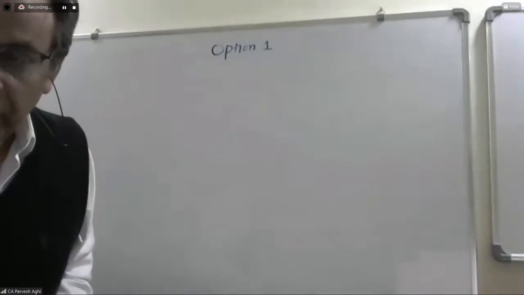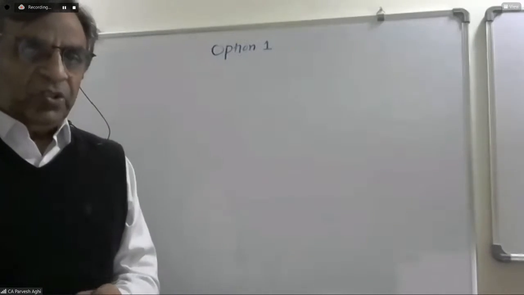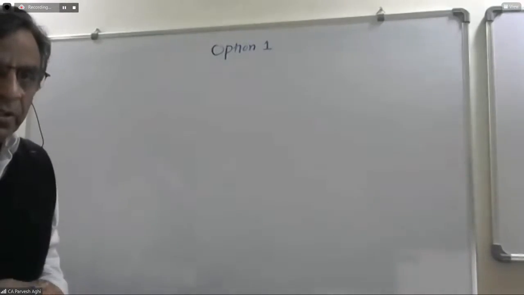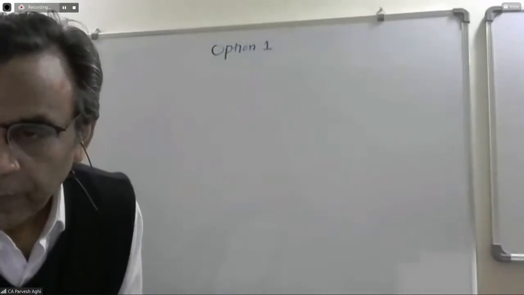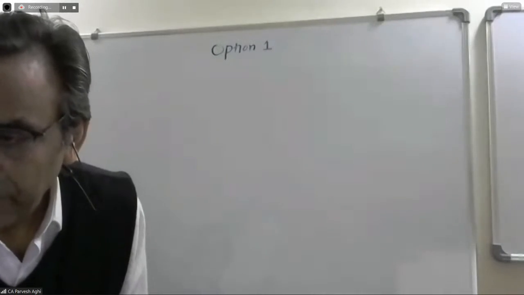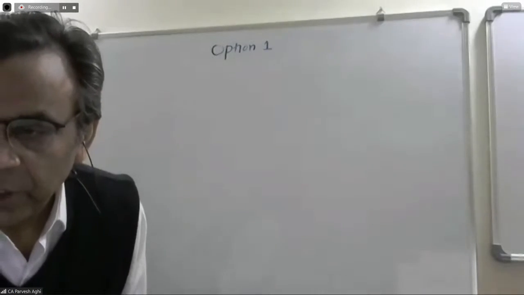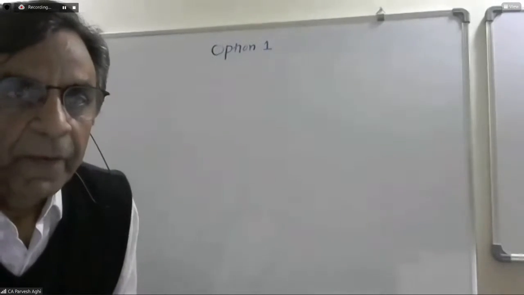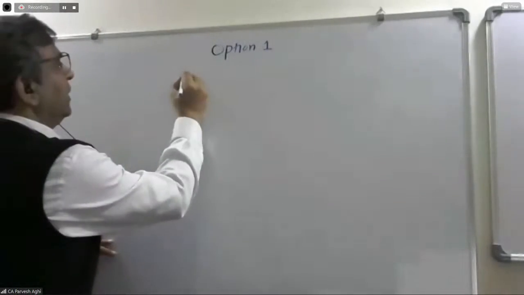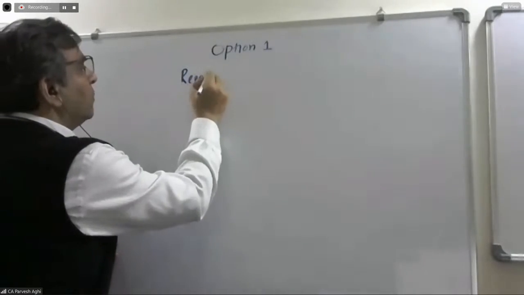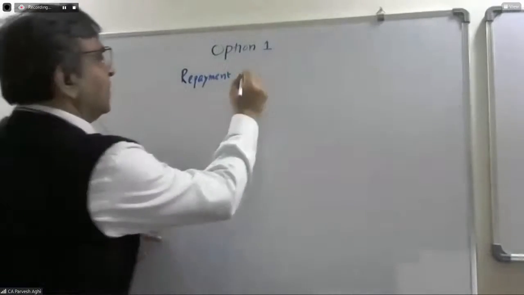Option number 1 is repayment in 3 months' time. The question says the company has 3 months' time, with payment in 3 months' time with an interest rate of 10%.